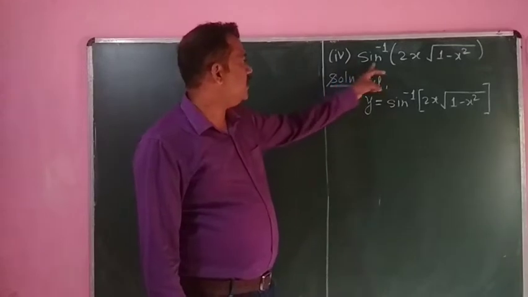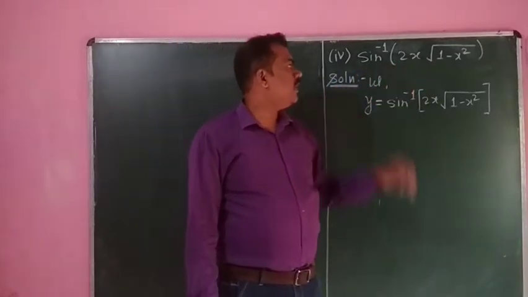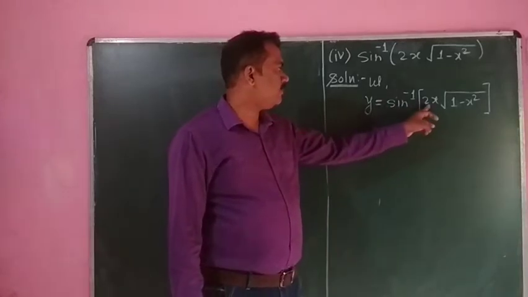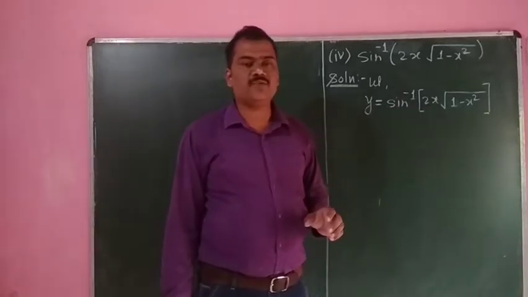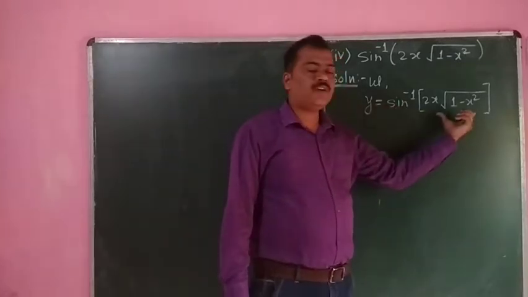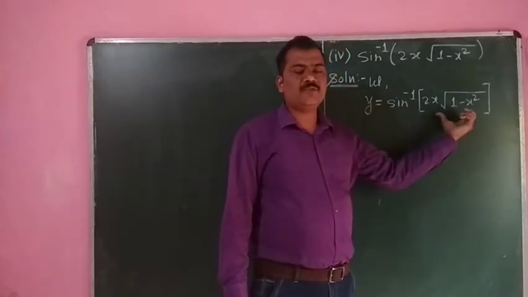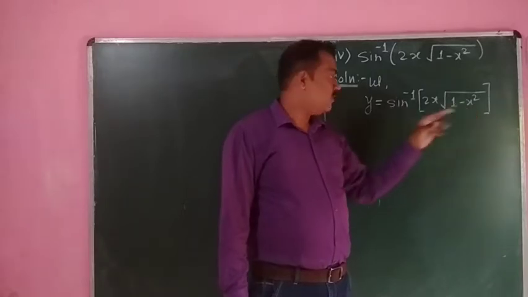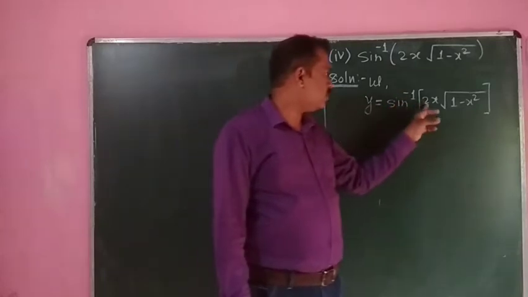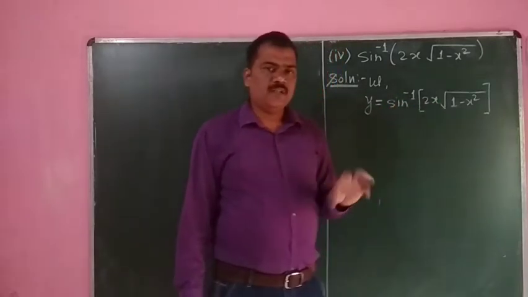Example number 4, sin inverse of 2x into under square root of 1 minus x square. Let y is equal to sin inverse of 2x into under square root of 1 minus x square. Now what do we substitute here? Here sin inverse is there, so we require the value of this bracket in terms of the trigonometric function sin or cos. That means we have to know the formula of sin 2 theta, which is 2 times sin theta into cos theta. This is one method.